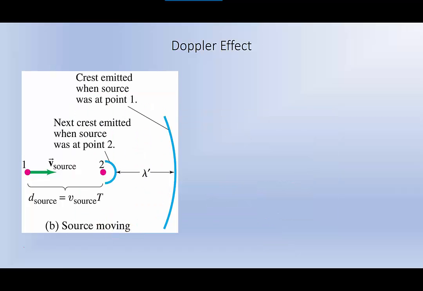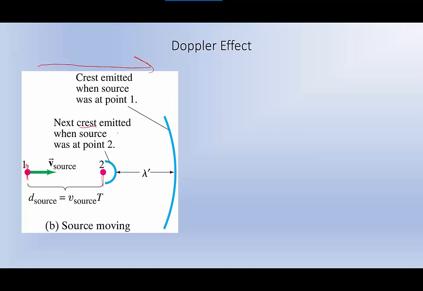We're going to look at two wavefronts only. We can do this by saying, all right, at point 1, this is where the truck was to begin with, and it emitted a wave, and that wave is traveling through space to the right. Then the fire truck starts moving. So the fire truck is moving to the right. At the time we get to point 2, the next crest is emitted.